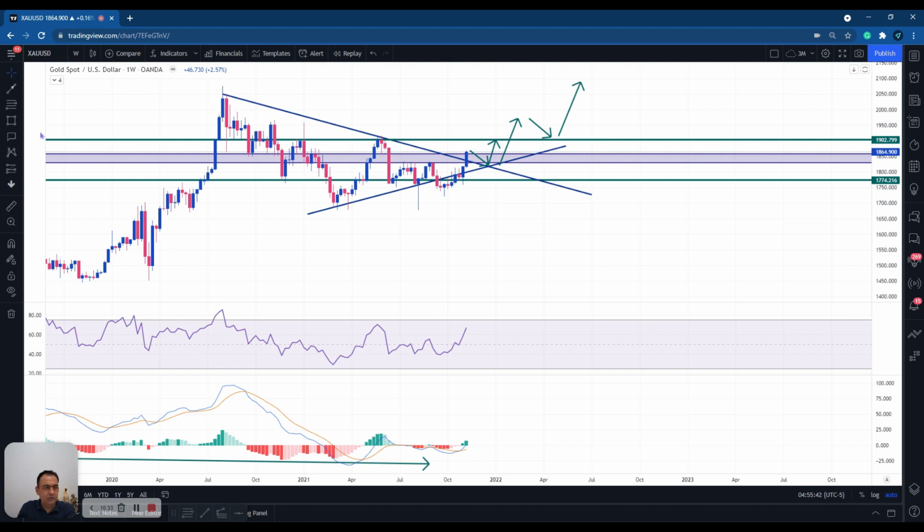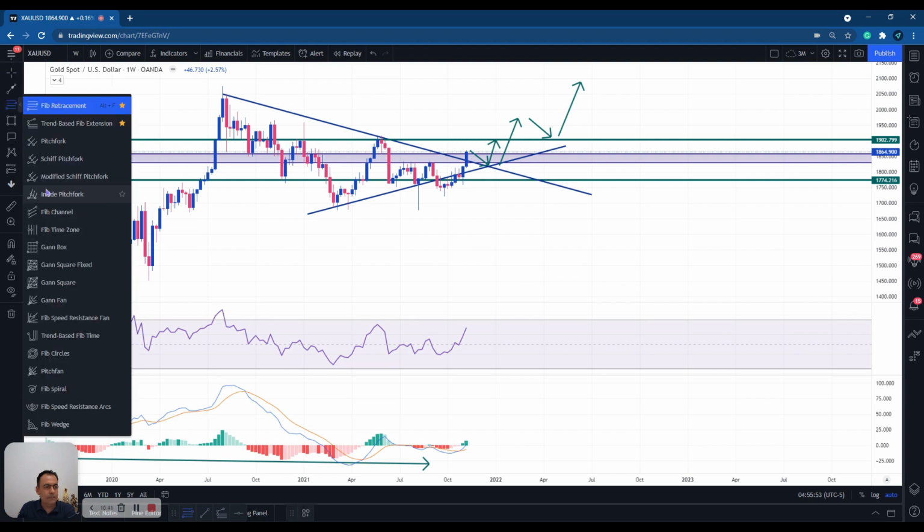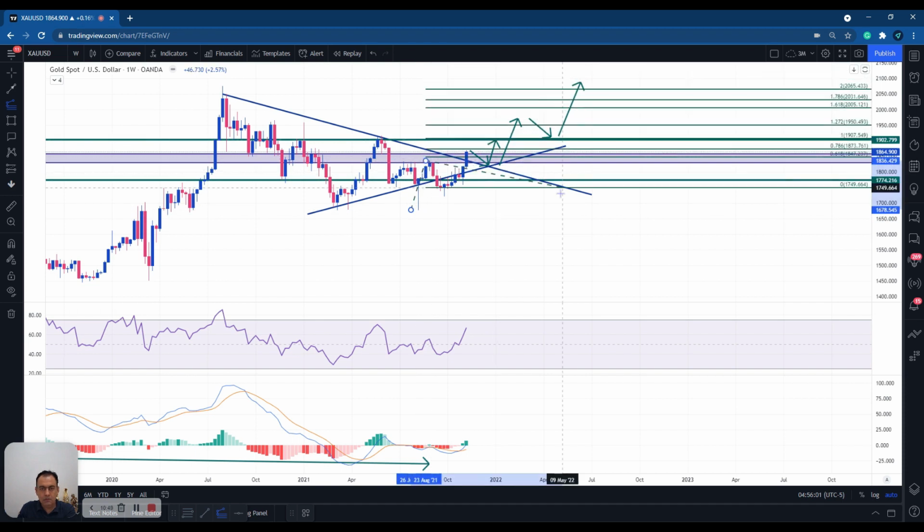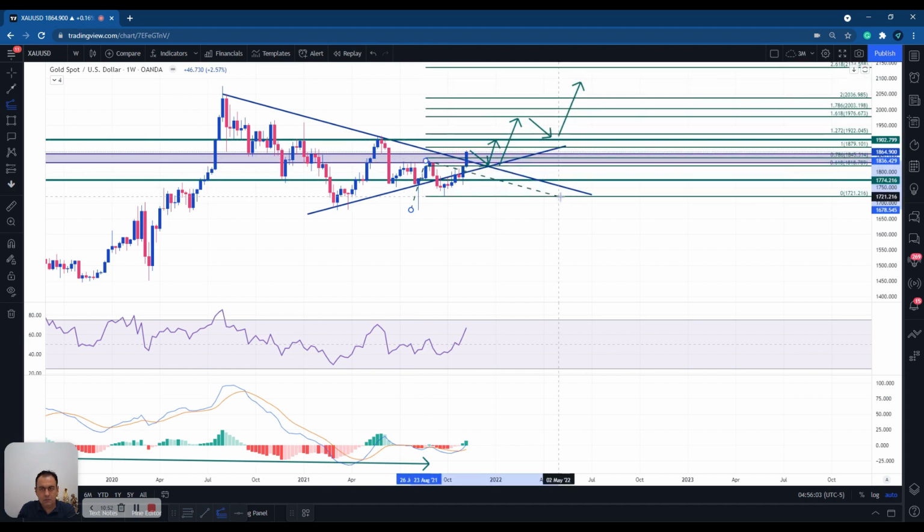On the weekly, I'm just checking the levels as per Fib extension. As per Fib extension, 1879.